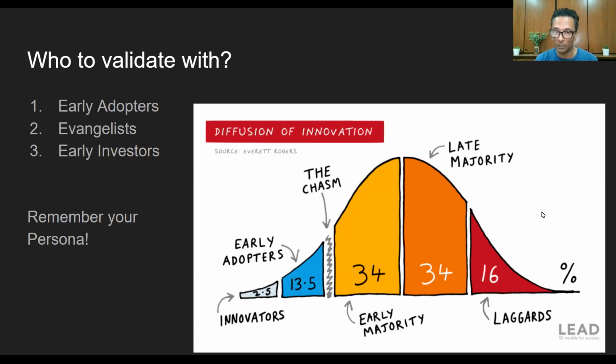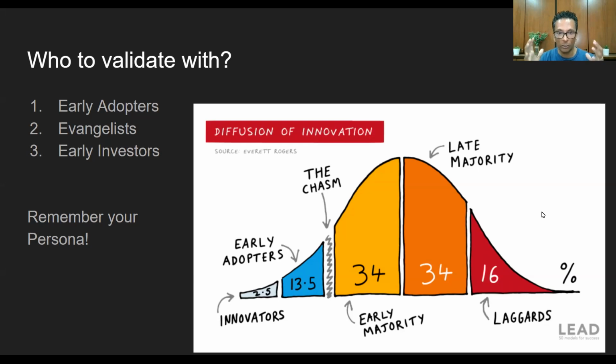You don't want to test your product with someone who doesn't think it's going to work. You want to test your product with the personality type that's always trying new things. That will give you more feedback about your product than trying to persuade someone who usually takes time before they try new things. So that's your question. Now remember your persona.